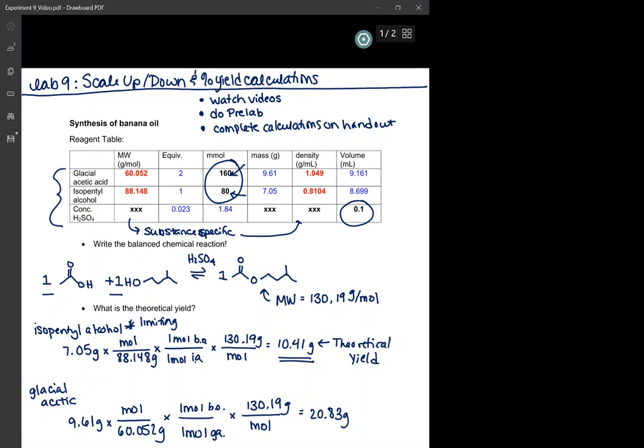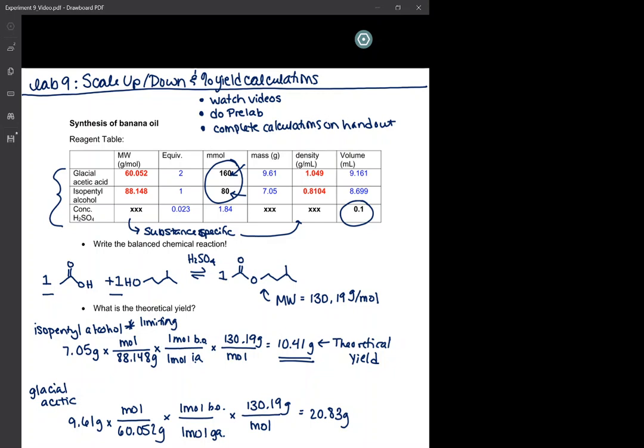So in this case, we would have our 7.32 grams divided by our 10.41 grams times 100, and we get 70.32%. Okay, so that's our percent yield.